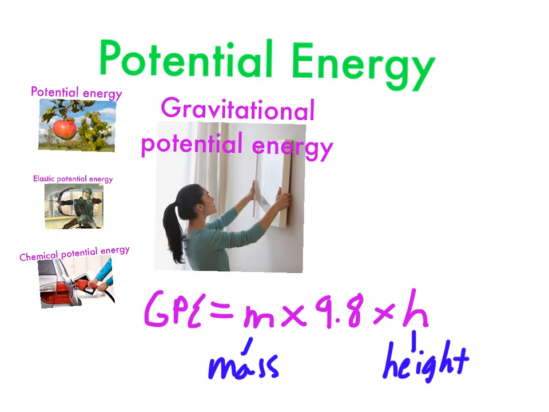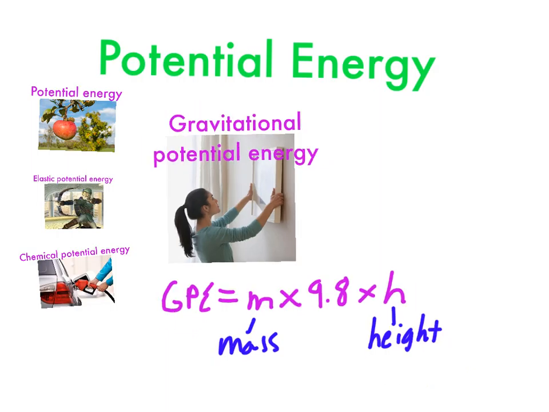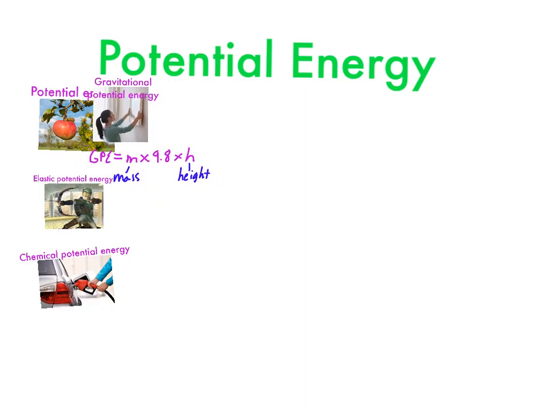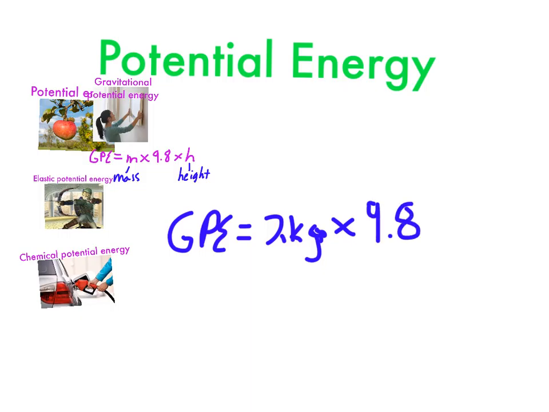So now we're going to do one example using this formula. So, pull this to the side. Our example says, what is the gravitational potential energy of a 2 kilogram picture that is hung 3 meters above the ground? So for this, we need to have that our GPE equals our mass, that's 2 kilograms, times 9.8 times our height.